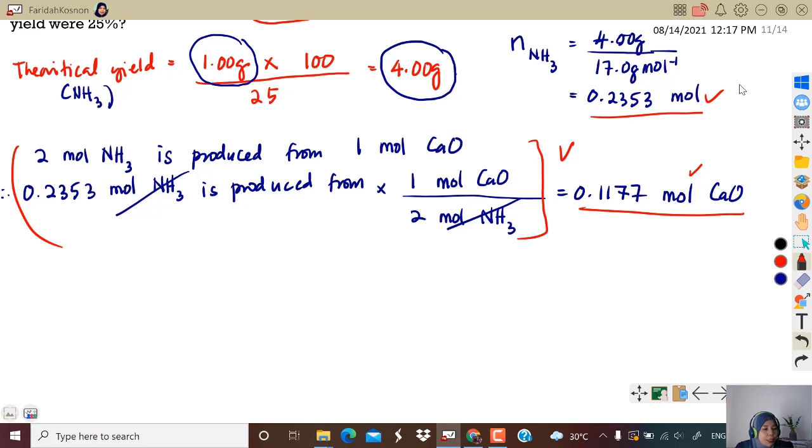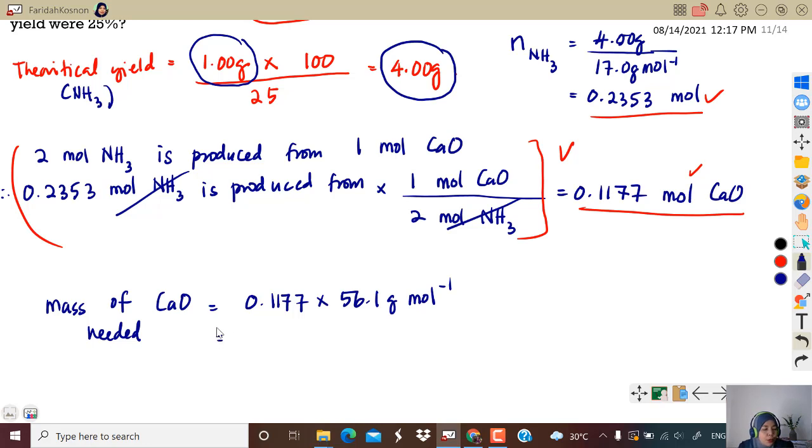But we want its mass, so we have to convert. Thus, the mass of calcium oxide needed is 0.1177 times the molar mass of calcium oxide, around 56.1 gram per mole.